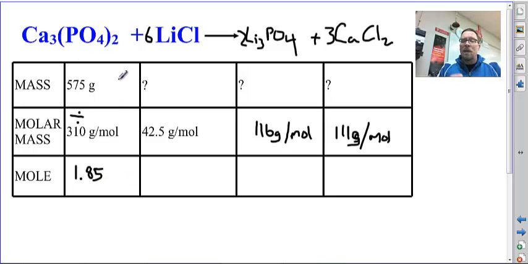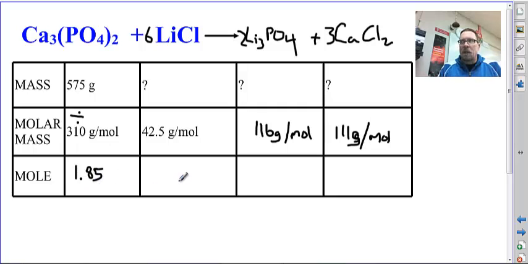And this isn't any new knowledge for you. It's just combining knowledge we've had. About the only thing that might be new is what we're calling the mole ratio. I know that it's a 1:6 ratio. 1 mole of calcium phosphate requires 6 moles of lithium chloride. But I don't have 1, I have 1.85.